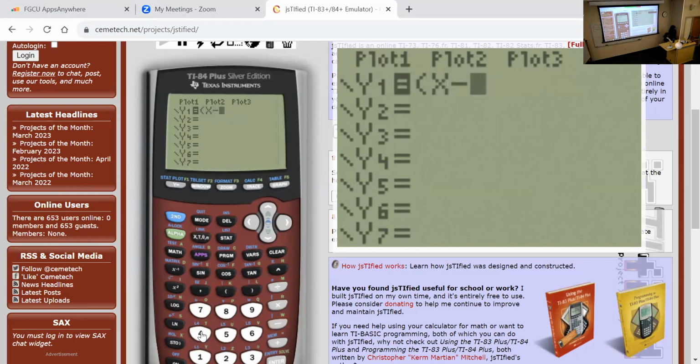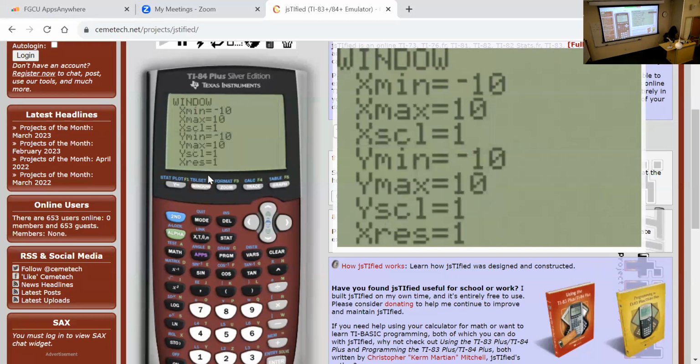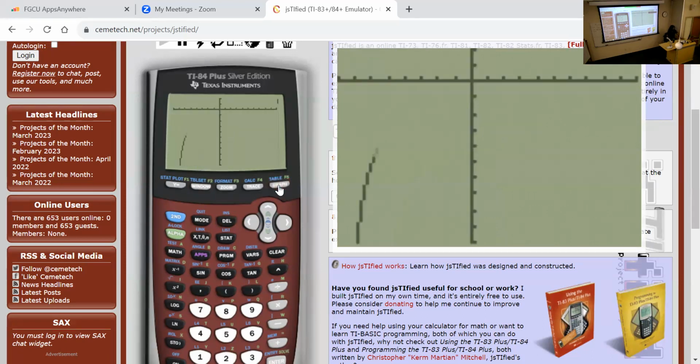(X minus 4) divided by (x plus 8), graph. So we are looking at the right hand side, so don't want to go past -8. So minimum value -8, maximum value 2, graph.